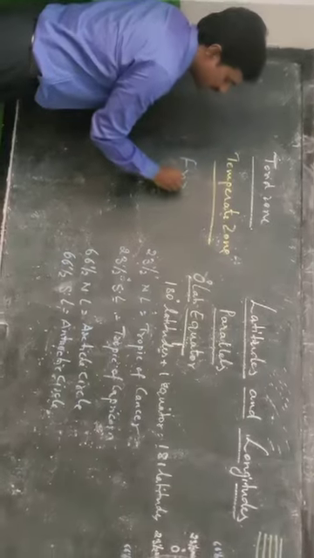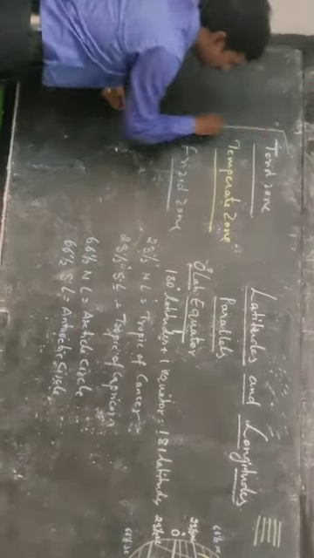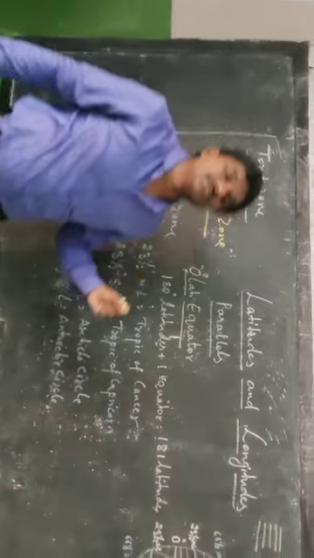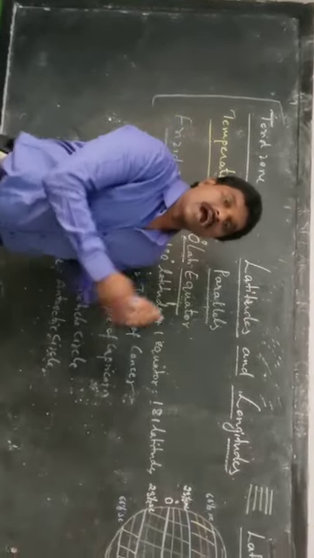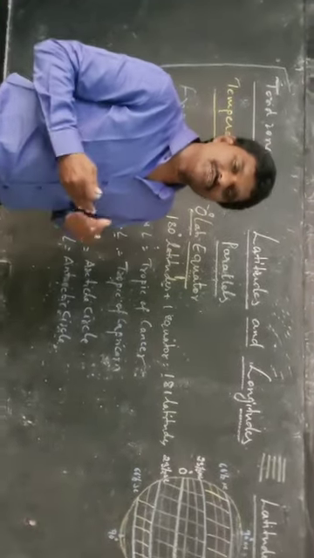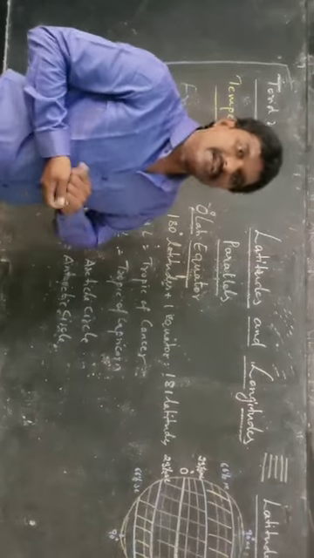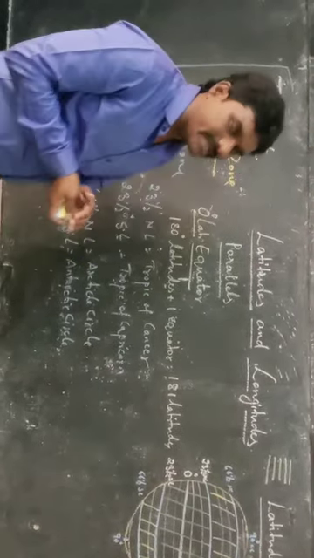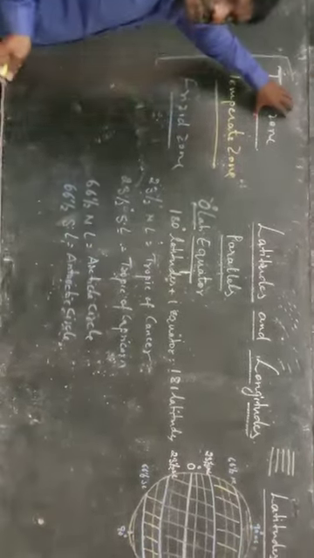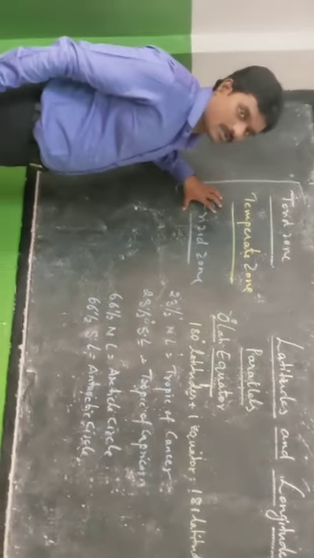So latitudes divide the world into heat zones, and the three heat zones we have are torrid zone, temperate zone and frigid zone.